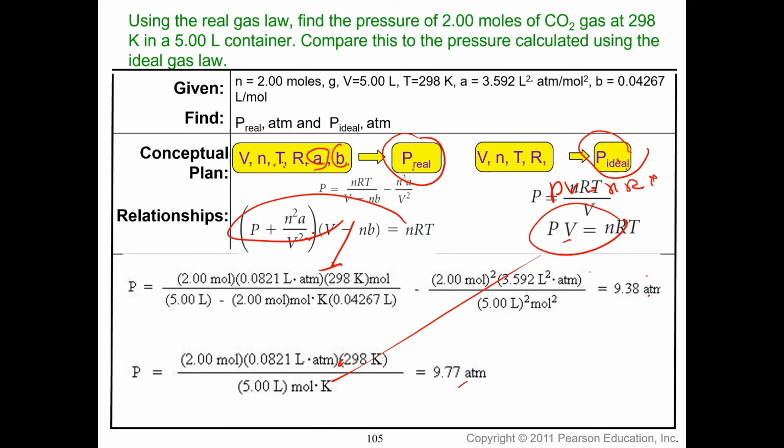As you see, the real pressure is less than the ideal pressure, because, as we told you, at a very low temperature you end up having less pressure and deviating from the ideal behavior. Any question on this, guys? Okay. Perfect.